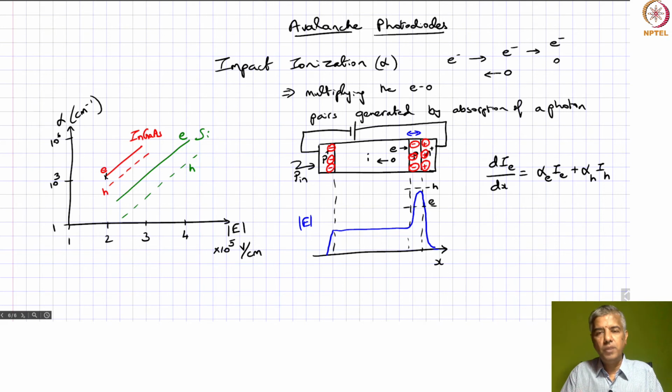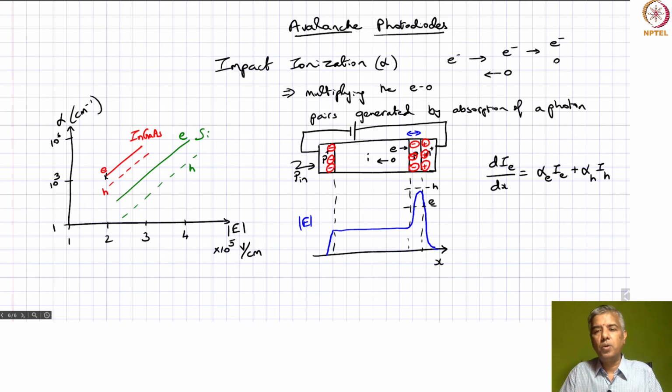So we know that any random process can be characterized by a certain variance, and that variance is essentially noise in our process. So just the impact ionization process itself is expected to have a certain variance and generate a certain noise.